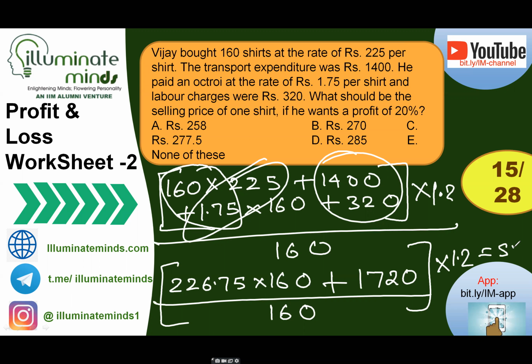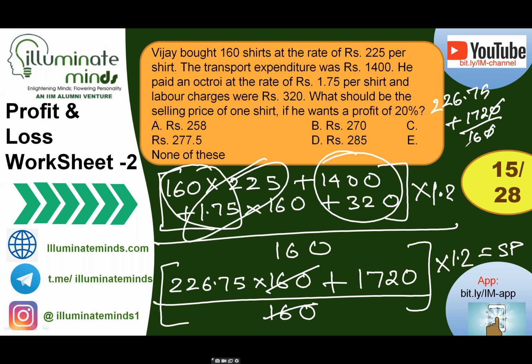That will lead me to the selling price of each. So this gets divided, which makes my calculation easy. 226.75 plus 1720 by 160.